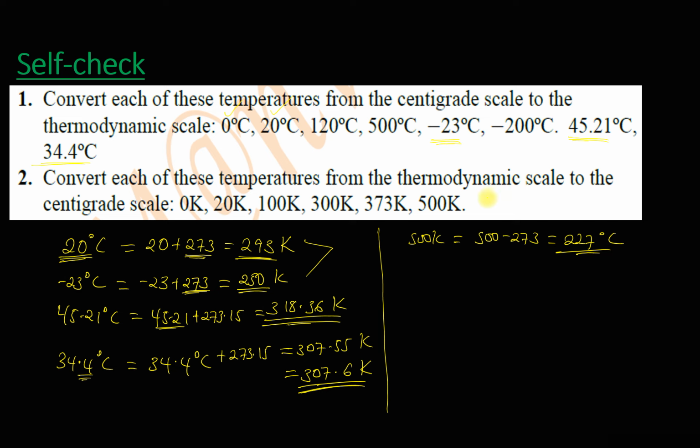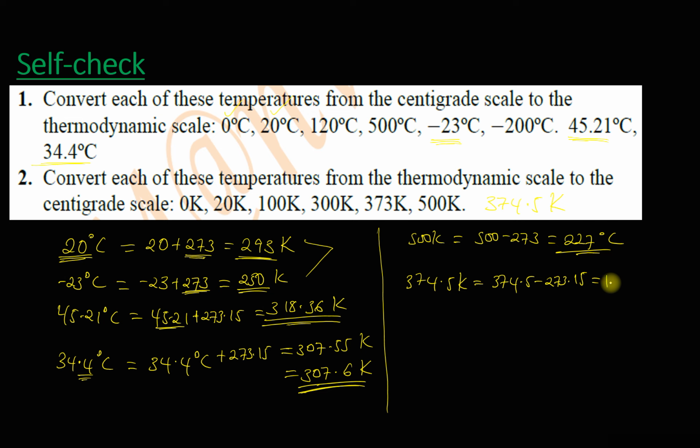If they had given us, for example, let's say 374.5 Kelvin, so 374.5 Kelvin would be the same as 374.5. This time I don't use 273, but I use a more precise value, which is 273.15. And this gives me 374.5 minus 273.15.